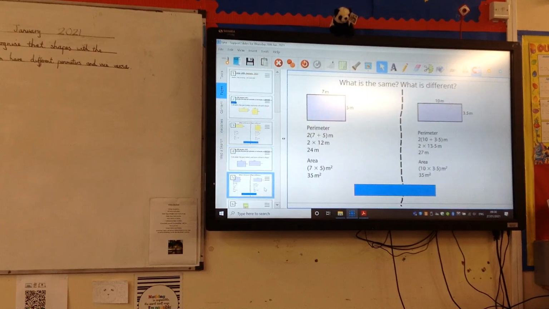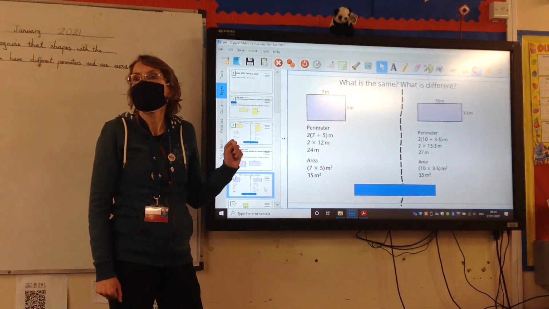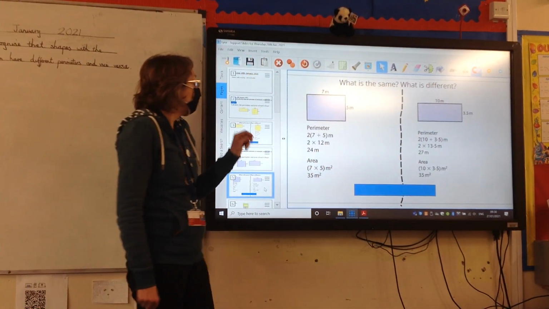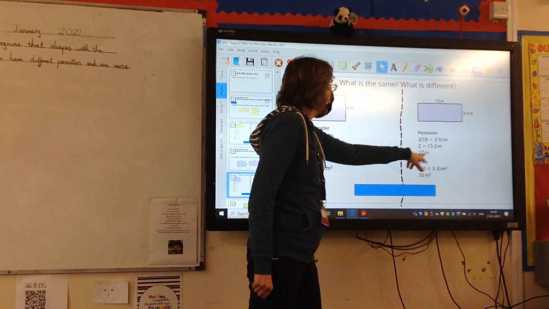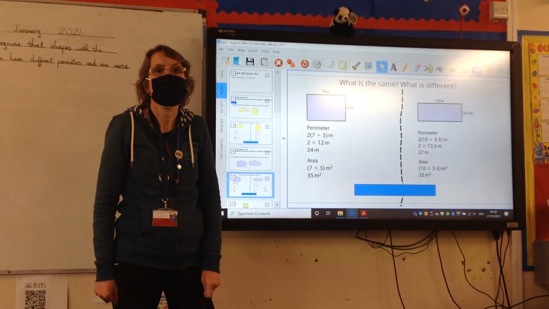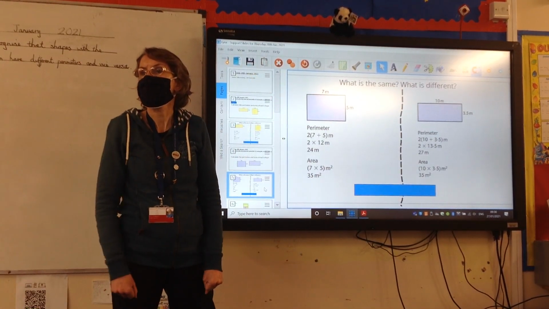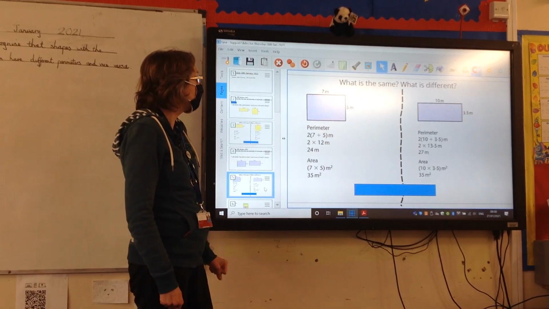Well done. Right. So, bullet boards. Good. What do we notice about the perimeter of those two shapes and the area? No, the area is the same and the perimeter is different. Right, the area is the same for both.